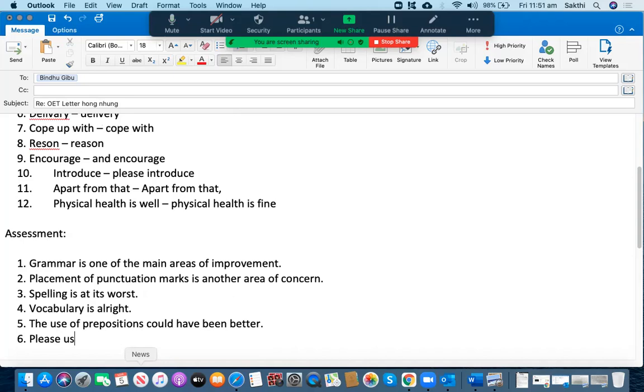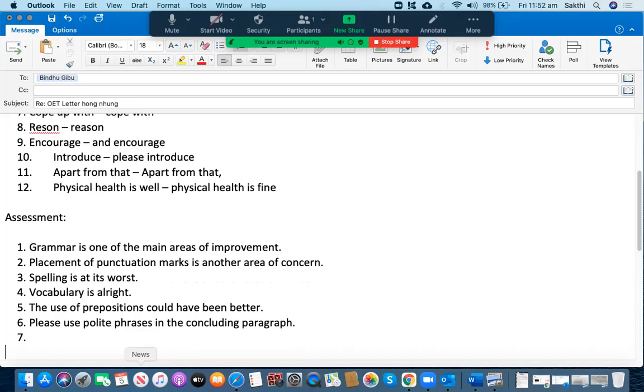Please use polite phrases in the concluding paragraph where you requested a range of services from the addressee. Okay, so do not use just "encourage her, do her these things." That's not good. You have to use "please encourage her" or "please introduce her". So those things are really important. All right.